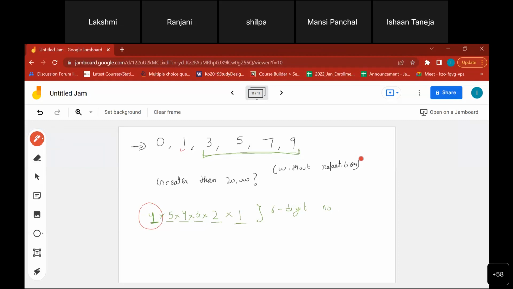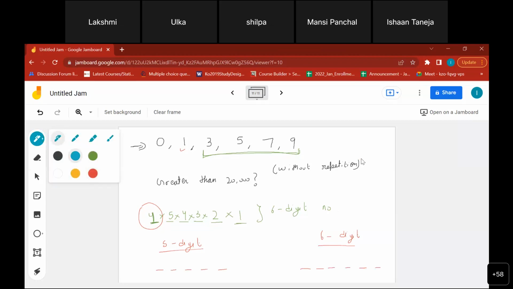So actually, we can address this question in two ways, with two sections, or cases. We count for 5-digit numbers first, where we fix 3, 5, 7, or 9 in the first place, and then we add all these combinations with the 6-digit numbers, which will always be greater than 20,000.